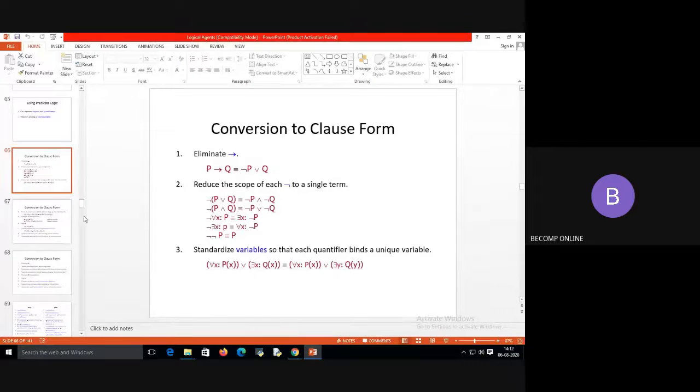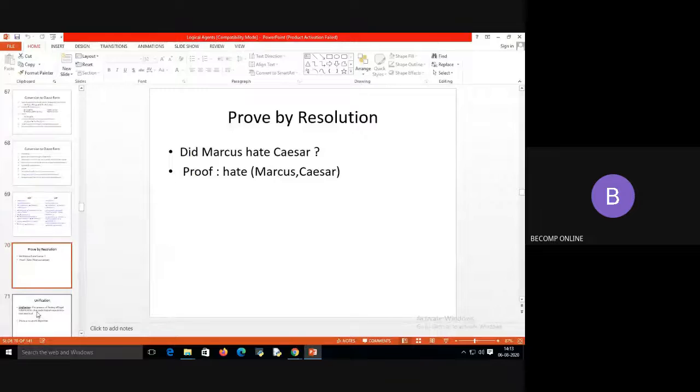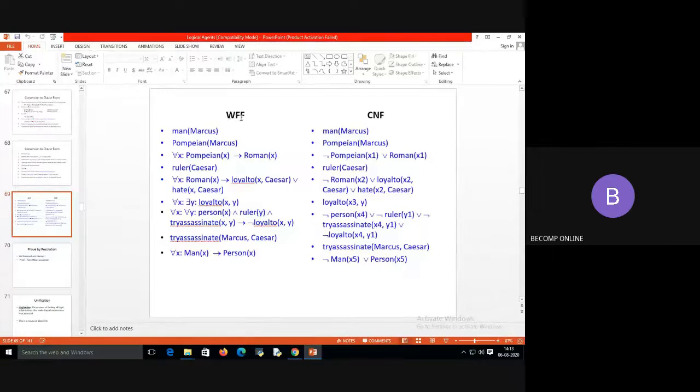When I'm given English sentences and I convert those English sentences into predicate form, that predicate form of representation is known as well-formed formulas. And if I have to prove using proof by resolution, I cannot make use of well-formed formulas. What we were seeing today in backward reasoning was well-formed formulas.